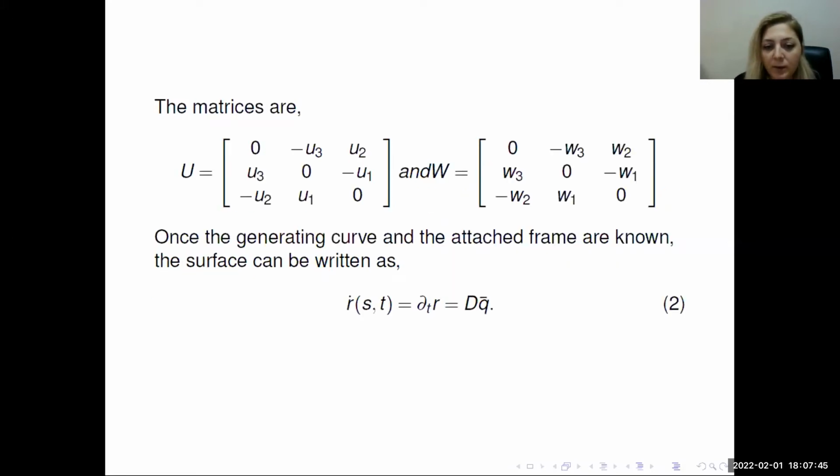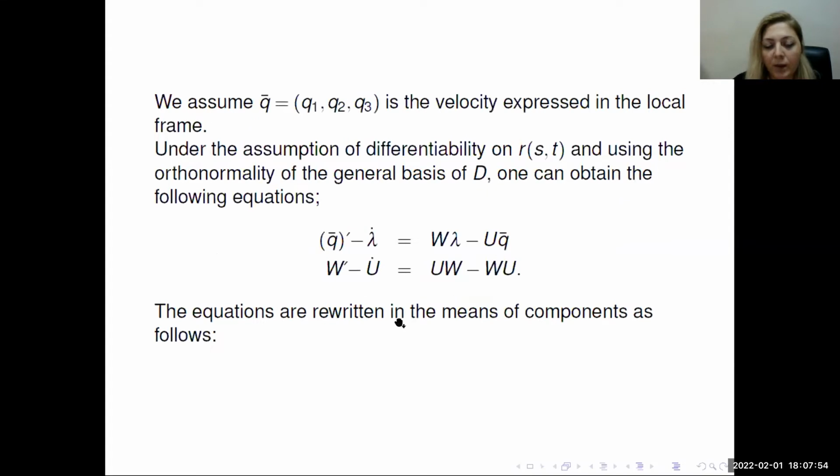Once the generating curve and the attached frame are known, the surface can be written as this differential equation. We assume Q bar is the velocity expressed in the local frame, under the assumption of differentiability on the surface and using the orthonormality of the general basis.